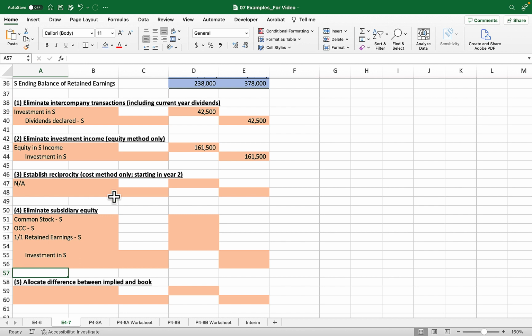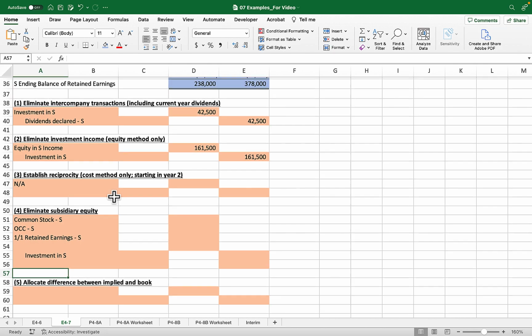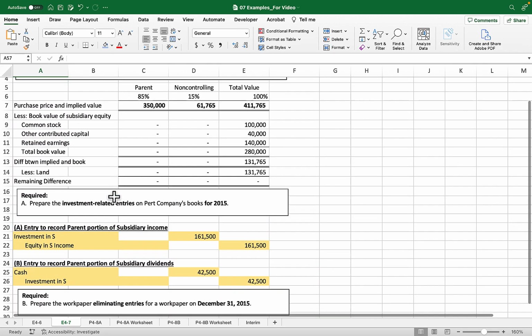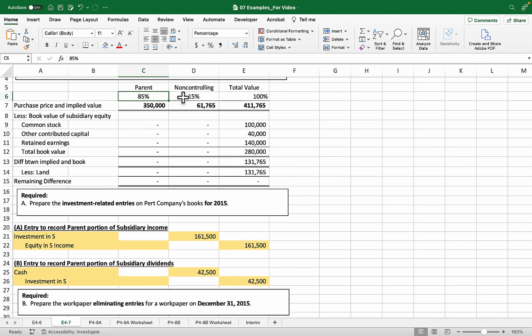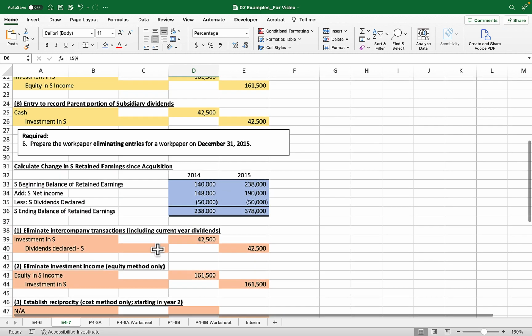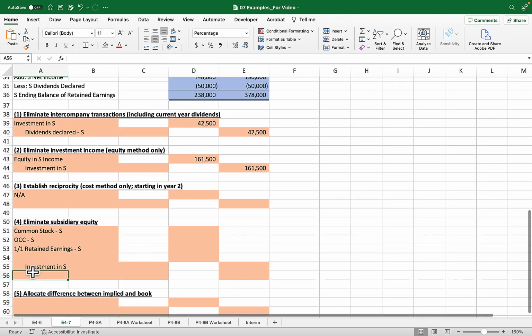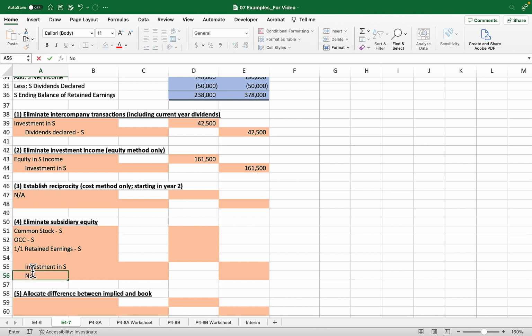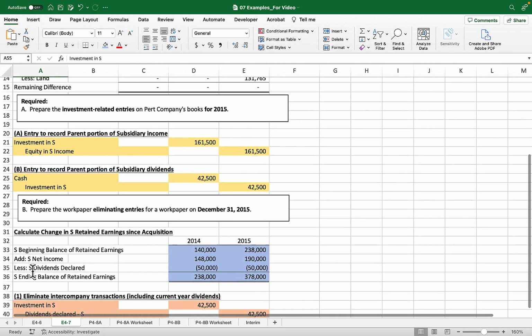Then if our parent company owns less than 100%, we're going to need to create a non-controlling interest. So just a refresher, we have 85%. So there is a non-zero non-controlling interest. Non-controlling interest is an equity account that we're going to create. So that's going to be a credit. And then finally, we have our plug, which is difference between implied and book.